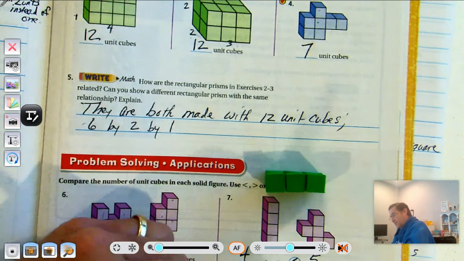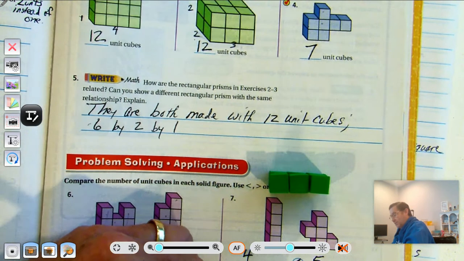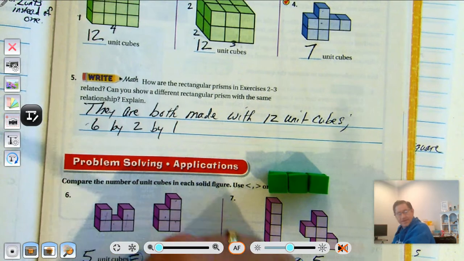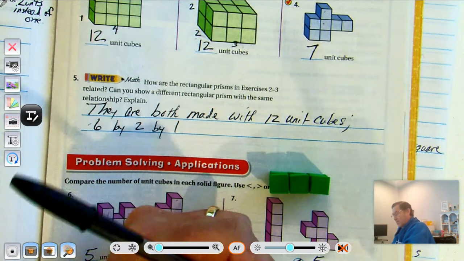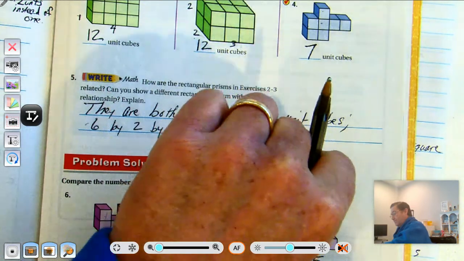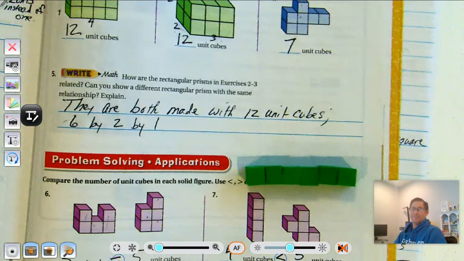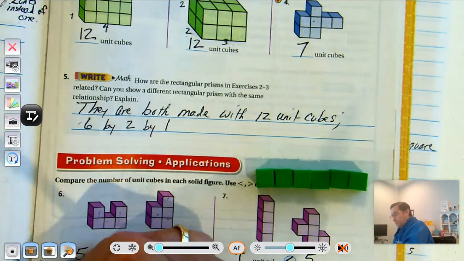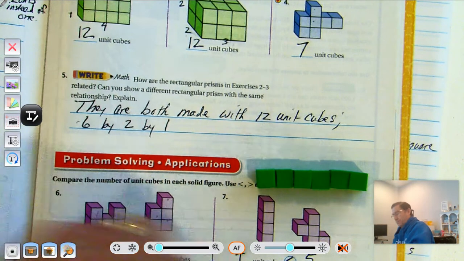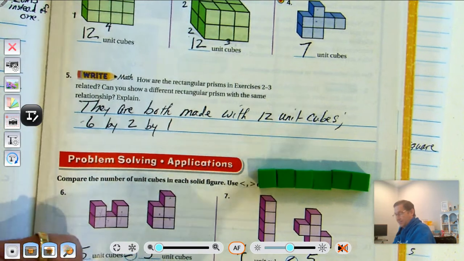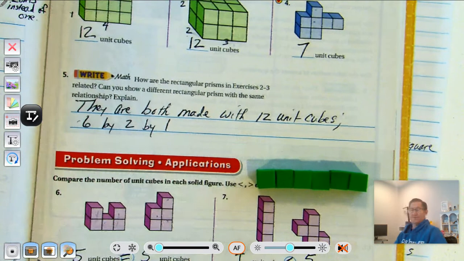So we're basically saying 2 rows of 3, or I could have 1 row of 6. So I could have 6 by 1 by 1.